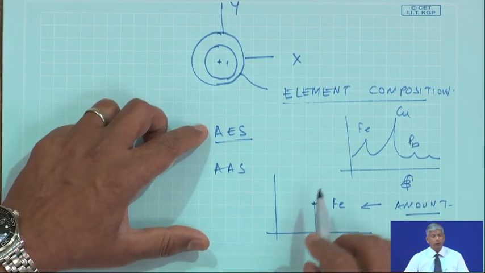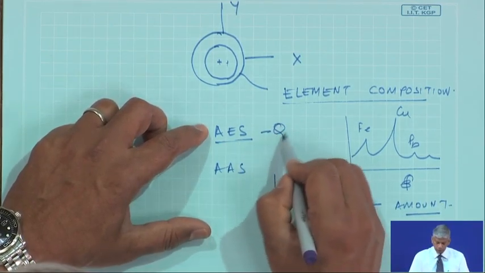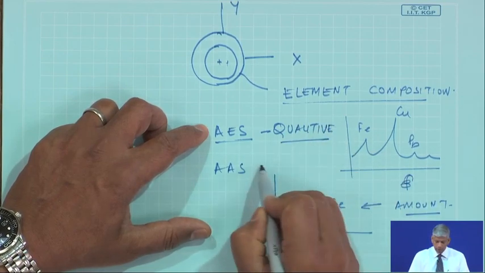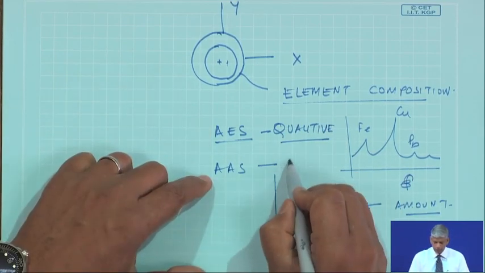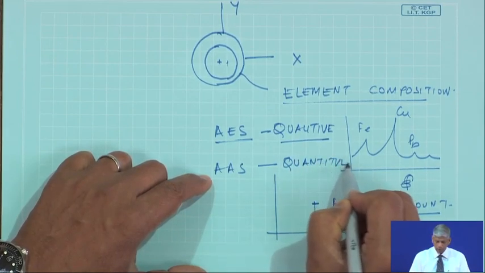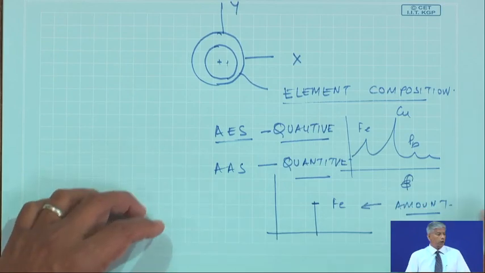So, you will get a qualitative assessment of the type of elements present, but in atomic absorption, which is calibrated, I can get a quantitative estimate of the type of element present in the wear debris samples.